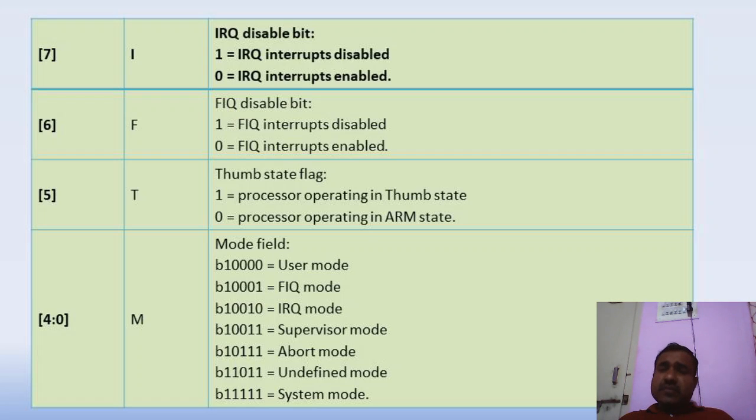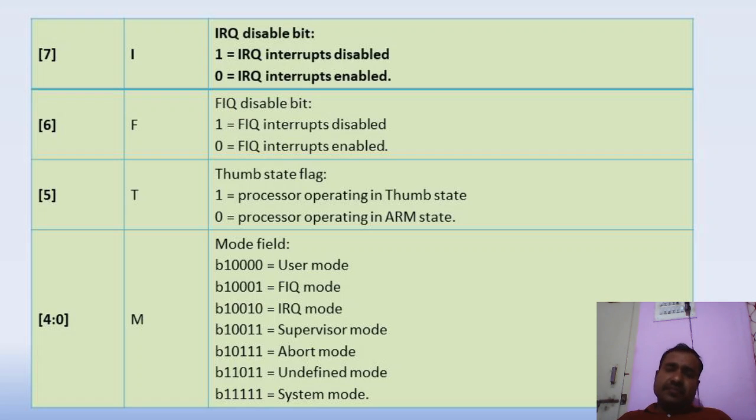The fifth bit in the CPSR is the T bit, which stands for thumb state bit. ARM can enter into thumb mode or ARM mode. If this bit is 1, ARM is in the thumb state, and if this bit is 0, it is in the ARM state. The last 5 bits of CPSR are meant for mode. These bits tell the mode of the processor.